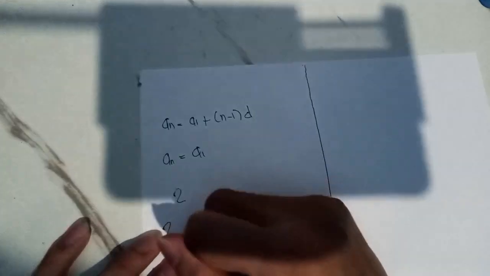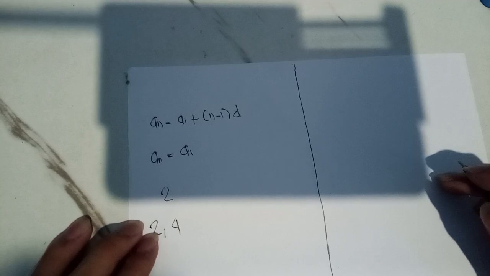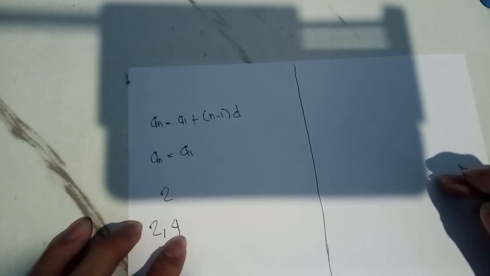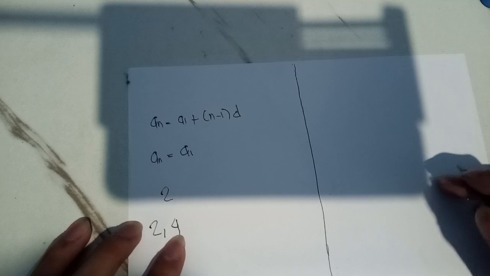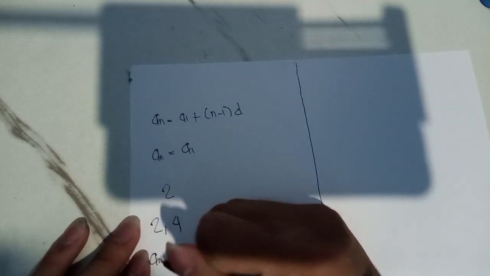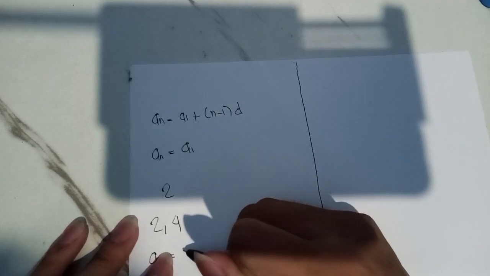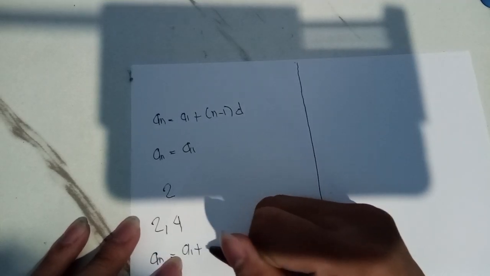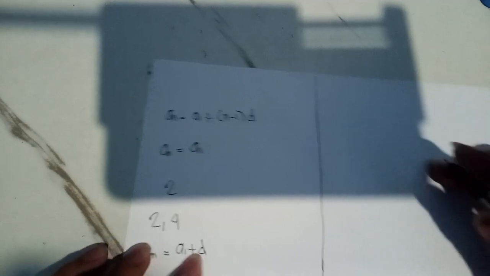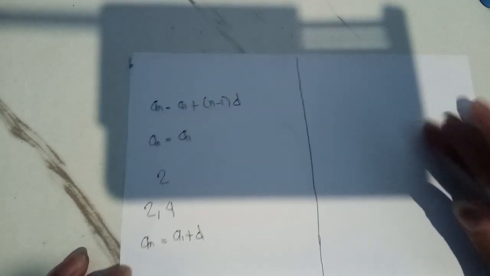So if we have let's say 2 and 4, we have two terms. This is the first term, this is the last term. So an is derived by adding the first term and the common difference, which is based on here 2, diba?